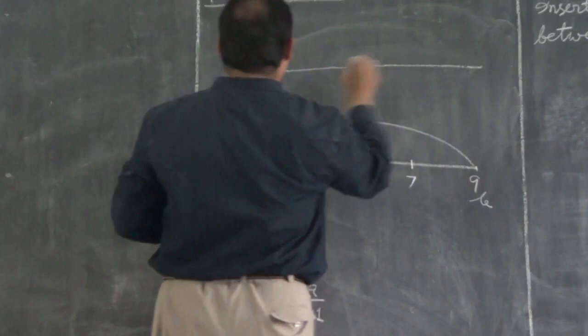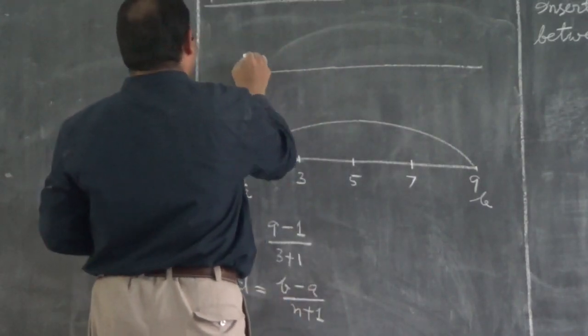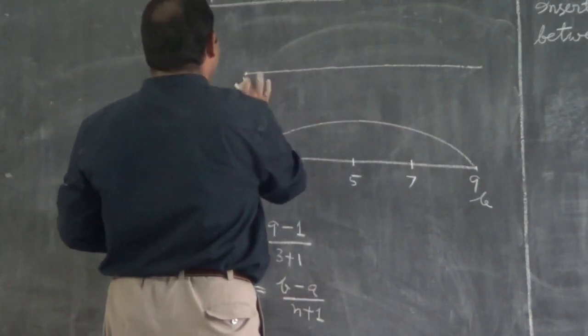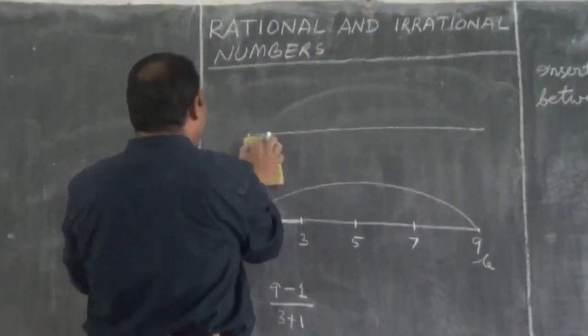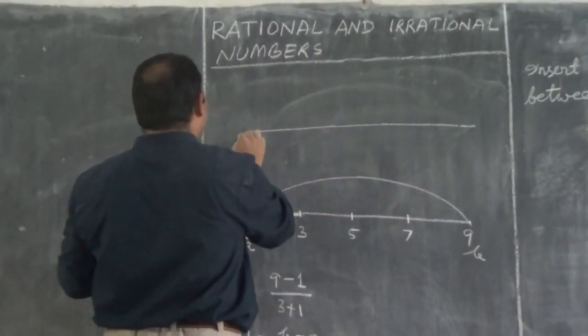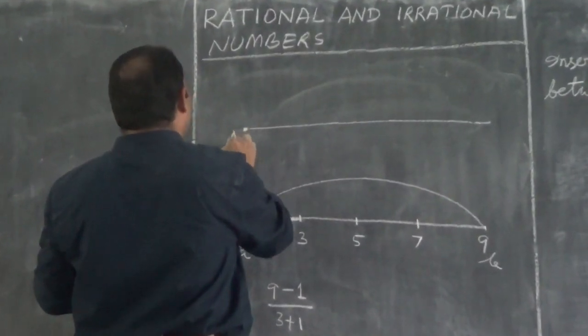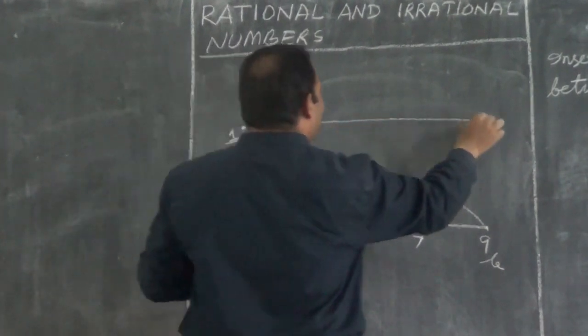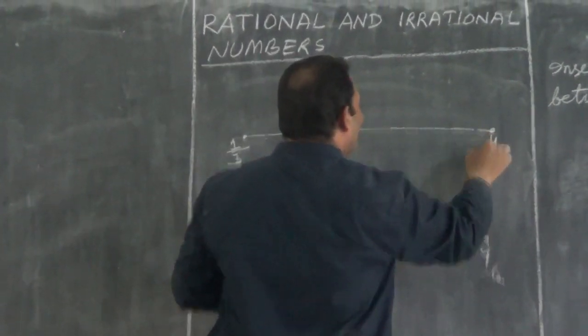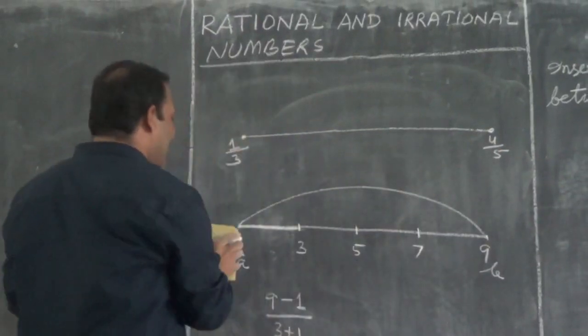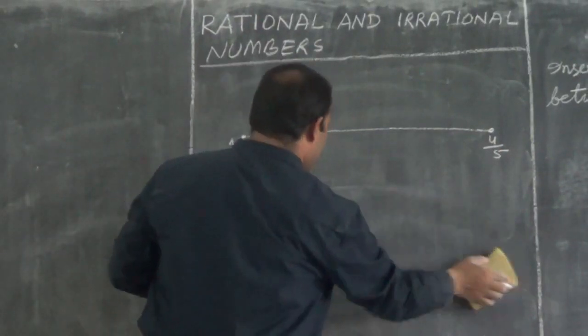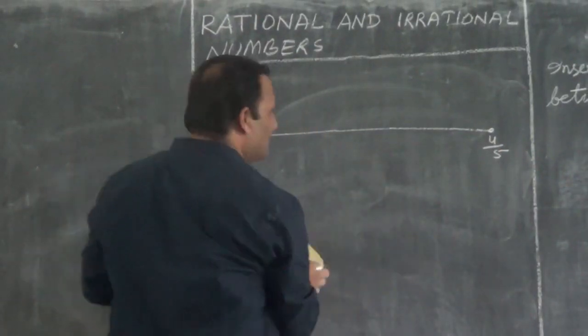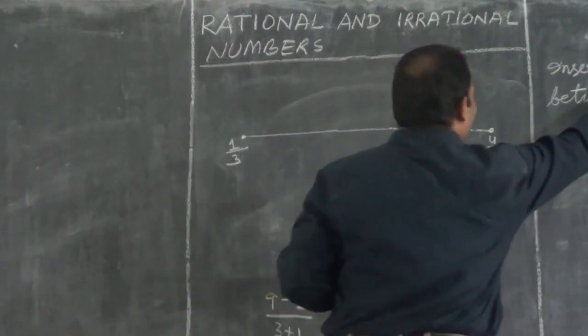So I will draw here and write: this point is representing 1 by 3 and this point is representing 4 by 5. And how many numbers do we want to insert? We want to insert 7 numbers here.